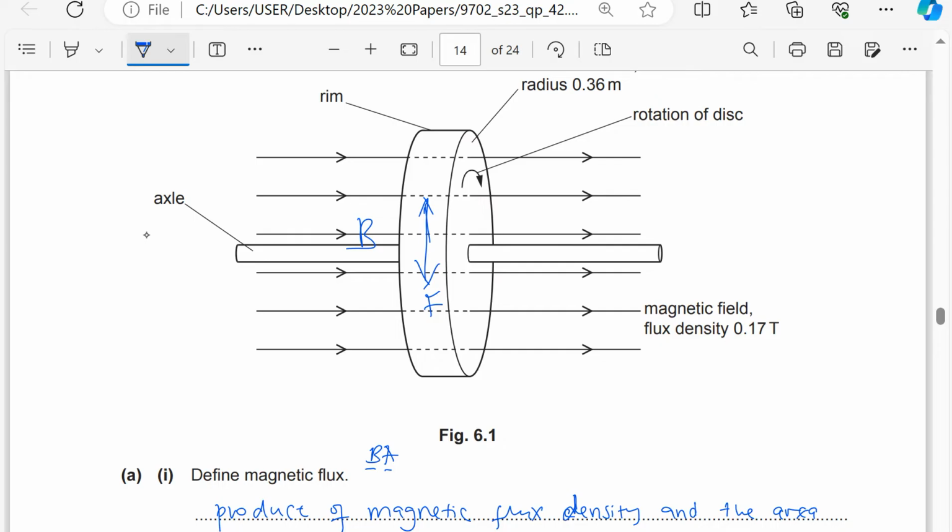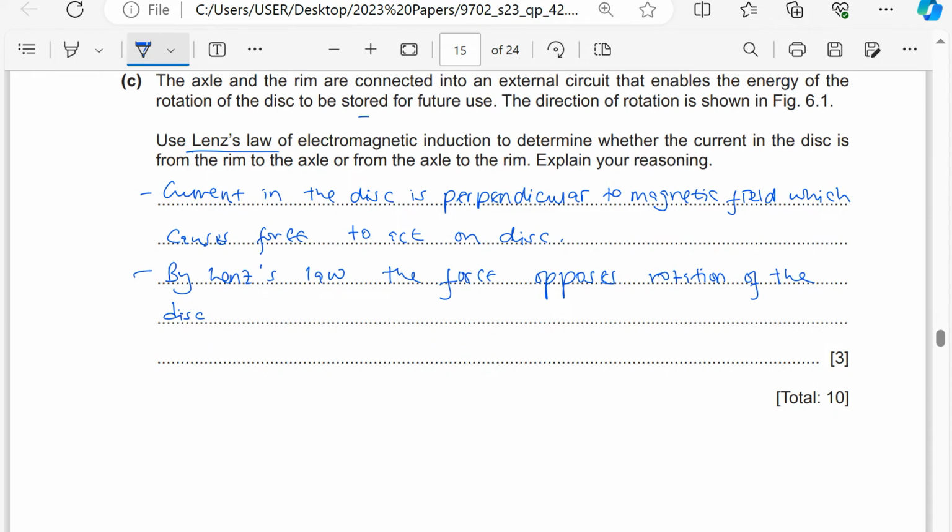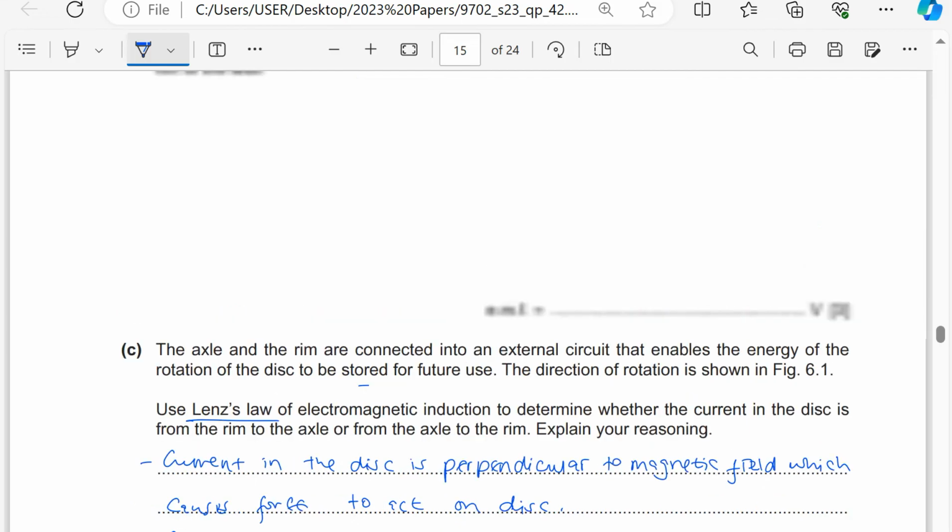You notice that the second finger points towards the center of the disk, which is towards the axle. So by Fleming's left-hand rule, the current is from the rim to the axle. I just want to demonstrate this further.